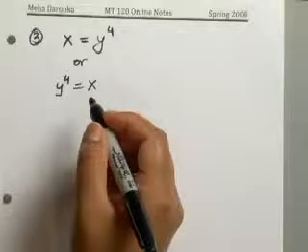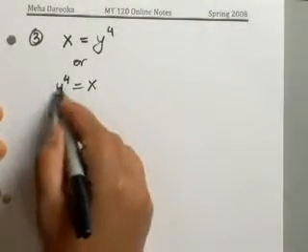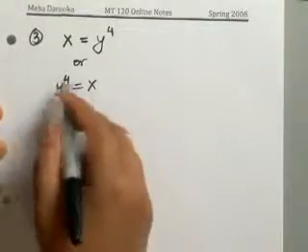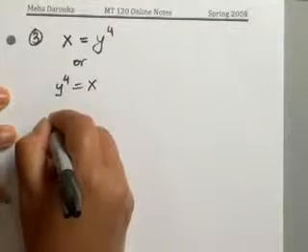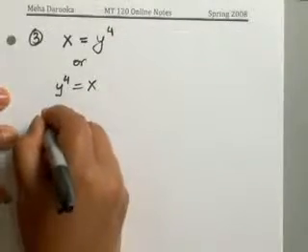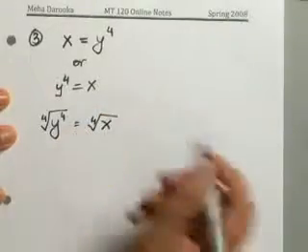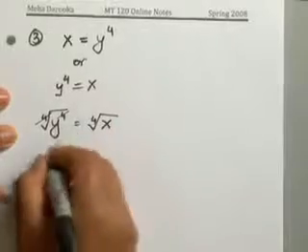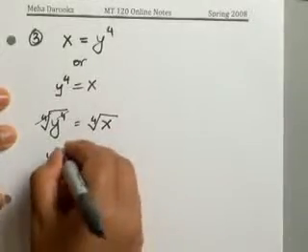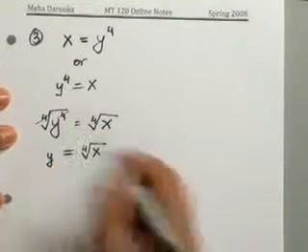let's see, we could go ahead and solve this, try to get y by itself and get rid of that y to the fourth. To do that, I will take the fourth root on both sides. The fourth root will cancel out the fourth power, and you will end up with y equals the fourth root of x.